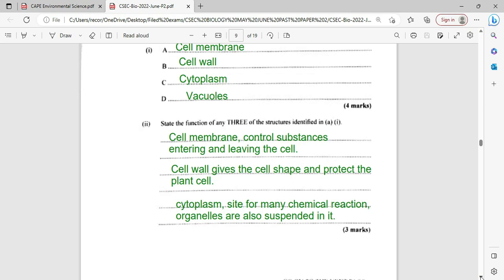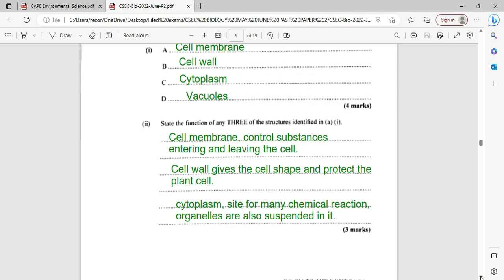State the function of any three of the structures identified in (a)(i) above. We looked at the cell membrane, and what it does is control substances entering and leaving the cell. The cell wall gives the cell shape and protects the plant cell. The cytoplasm is the site for many chemical reactions, and organelles are usually suspended in the cytoplasm.